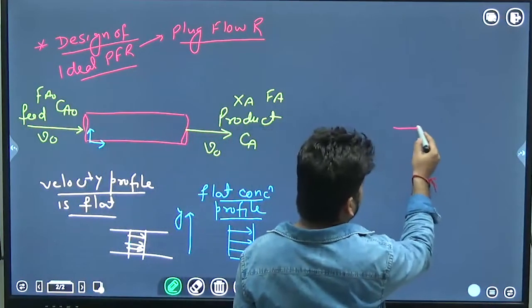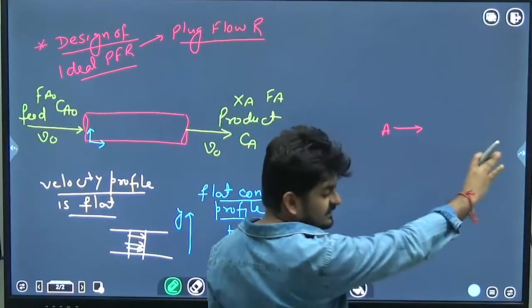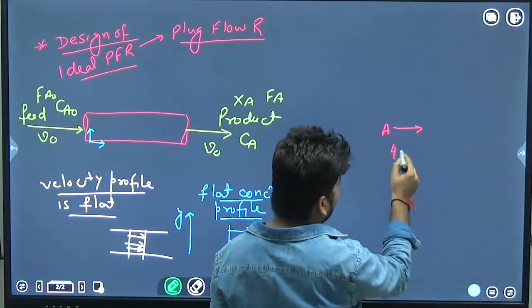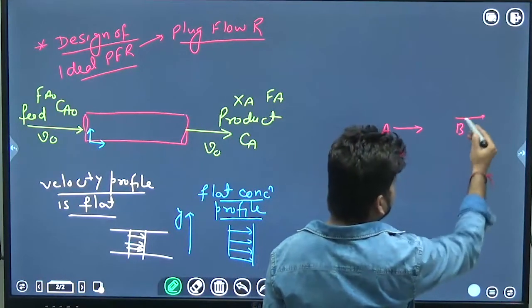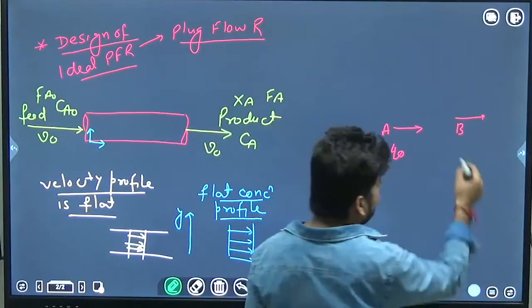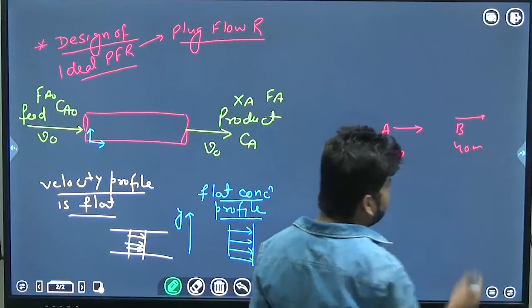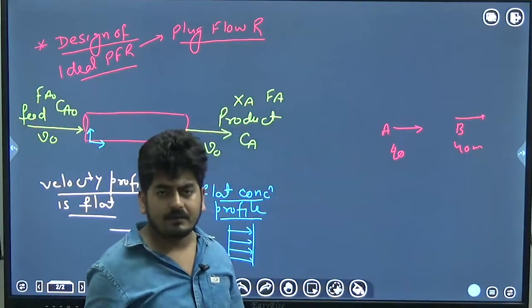So just understand, suppose this is you moving in one direction with a speed of 40 km/h. There is one guy B that is also moving in the same direction with the same speed, 40 km/h. Okay.